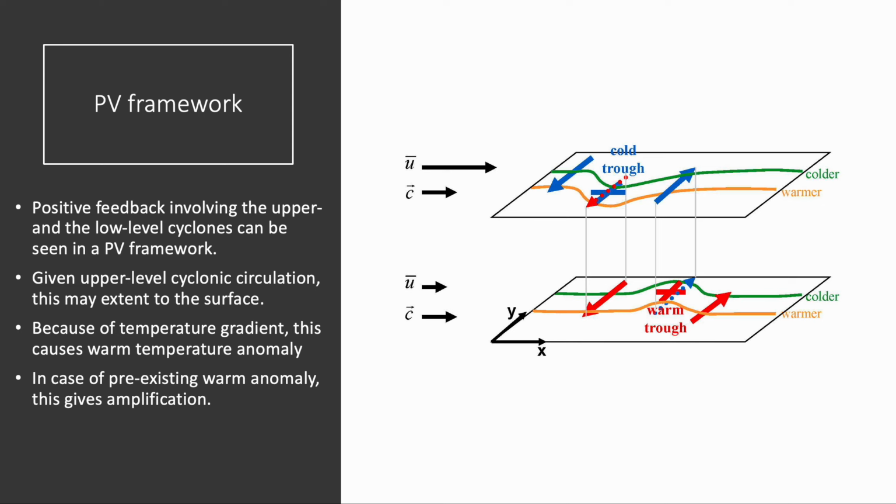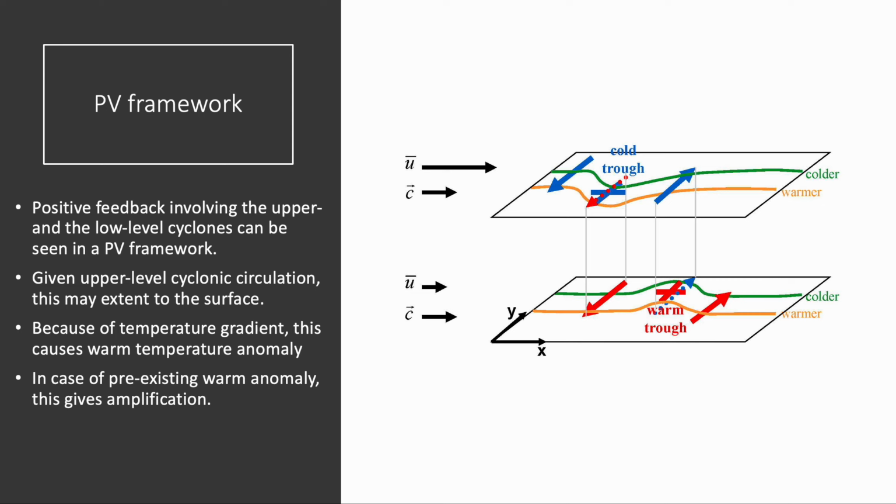When we discussed the Sutcliffe-Patterson feedback, we were considering a cyclone in the lower troposphere and an upper level wave that was passing by. Okay, so something similar happens here, and it's something that we could see using the inversion technique.